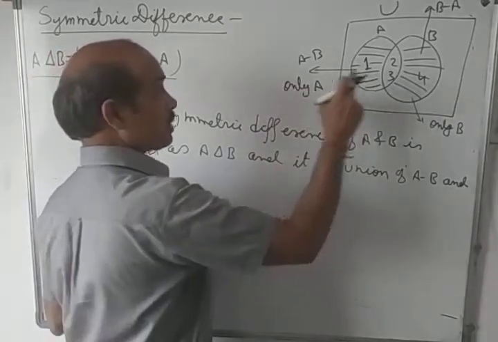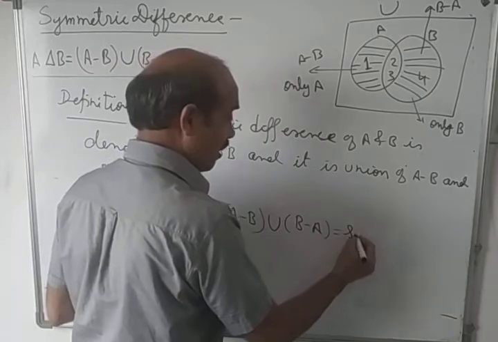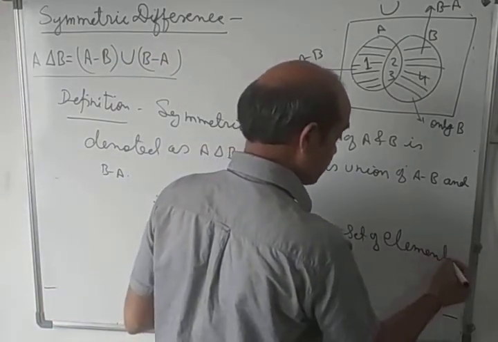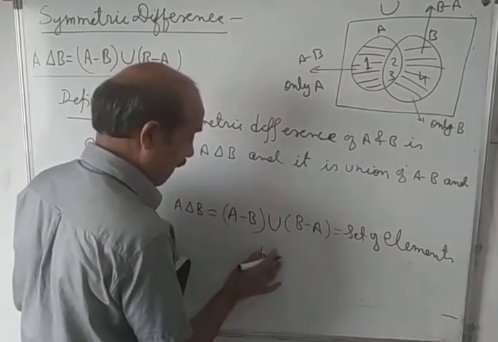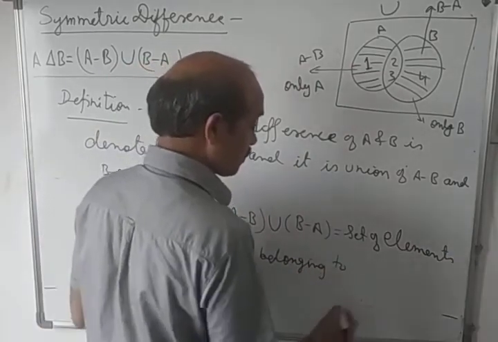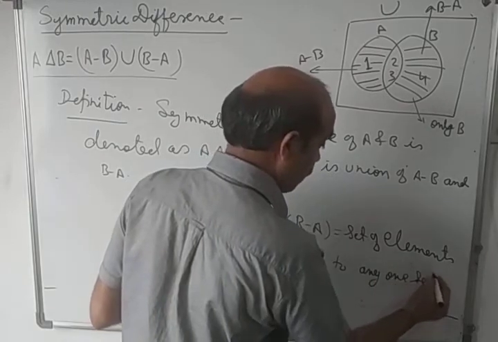This is only A, this is only B. But when you are combining them, this will be set of elements belonging to any one set only.